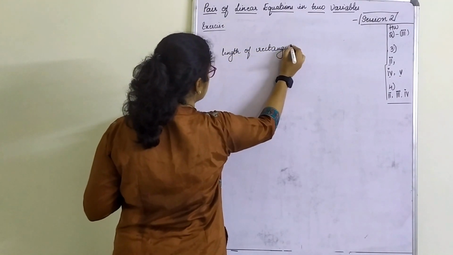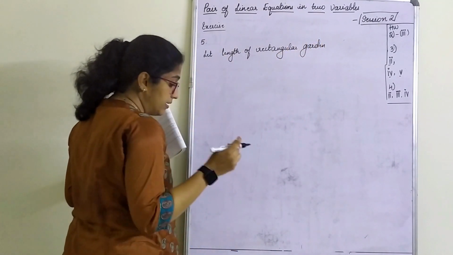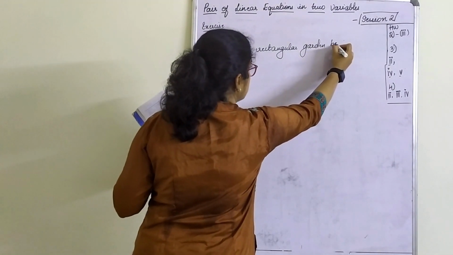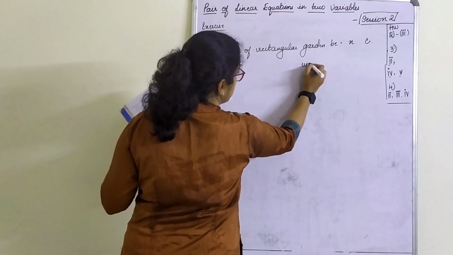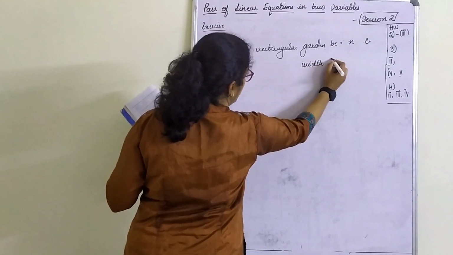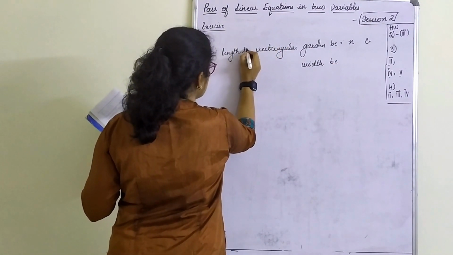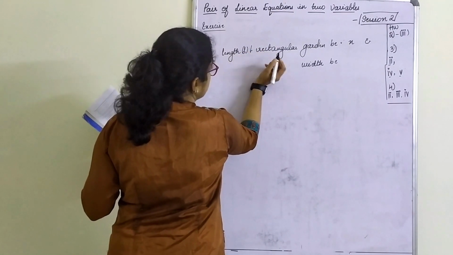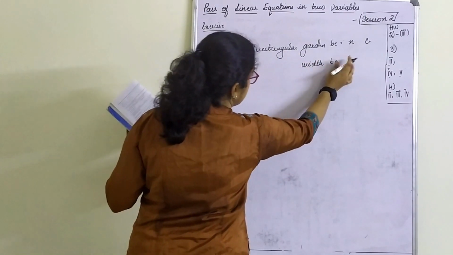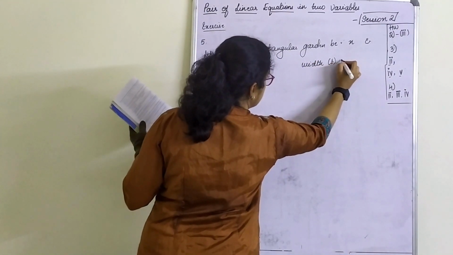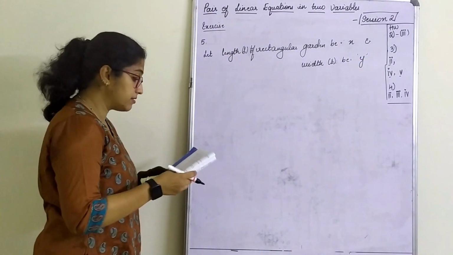So let the length of the rectangular garden be x and width be y. Okay, let's keep this as it is.